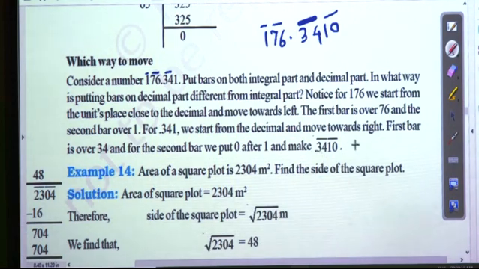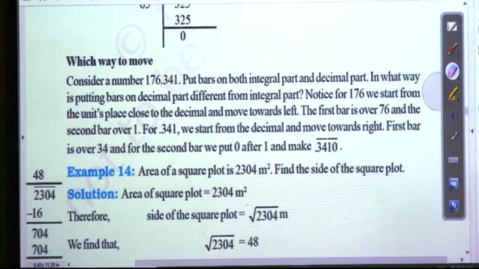The same has been explained to us. Understand carefully. Consider a number 176.341.